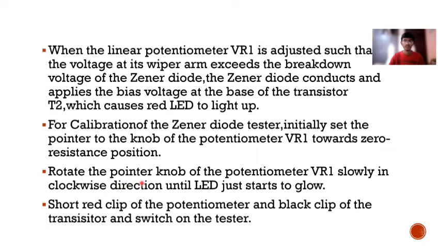Now rotate the pointer knob of the potentiometer VR1 slowly in the clockwise direction until the LED just starts to glow. Short the red clip of the potentiometer and the black clip of the transistor and switch on the tester.